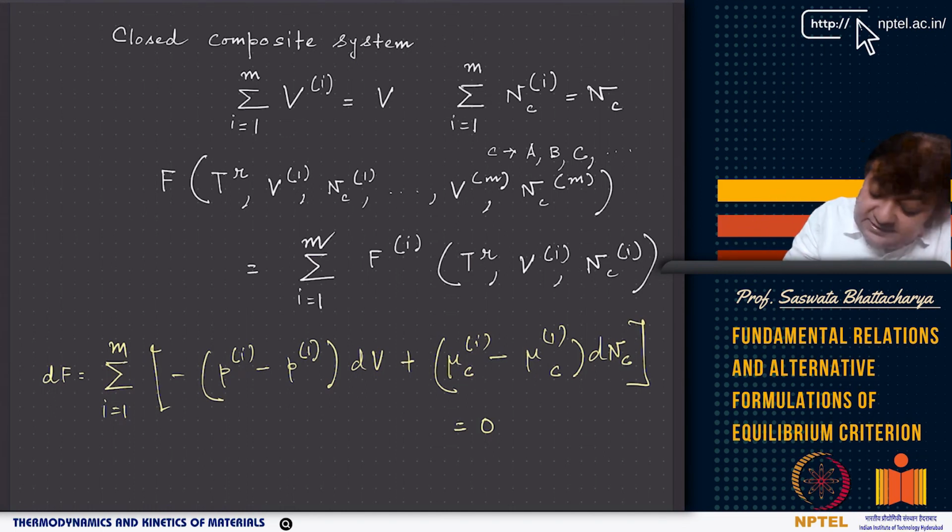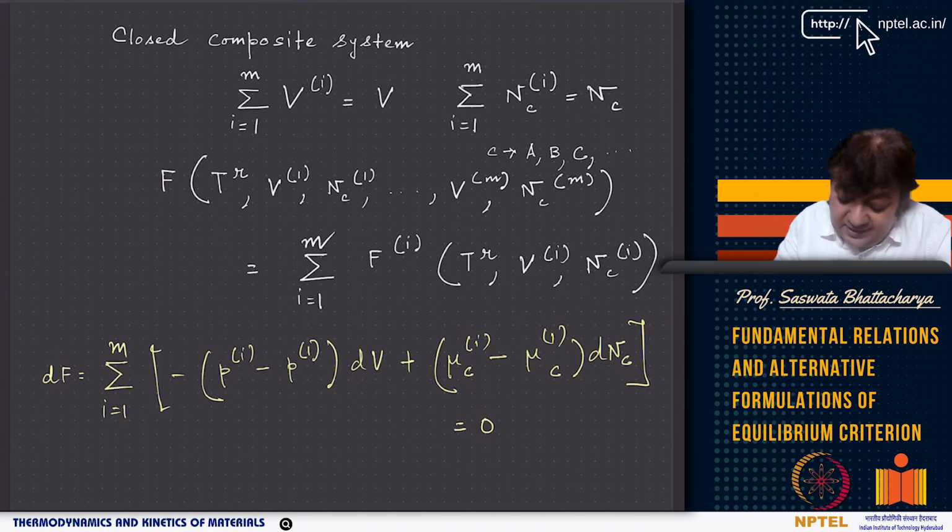Then you have V1, V2, V3, up to Vm, and for all components you have N_c1 up to N_cm. F is the sum over i equals 1 to m of Fi, the Helmholtz free energy of the subsystems, where each subsystem assumes the temperature of the reservoir because it is always at thermal equilibrium with the reservoir.